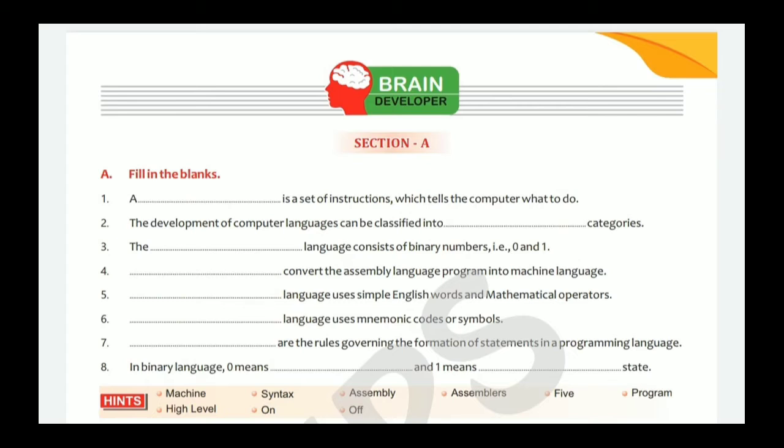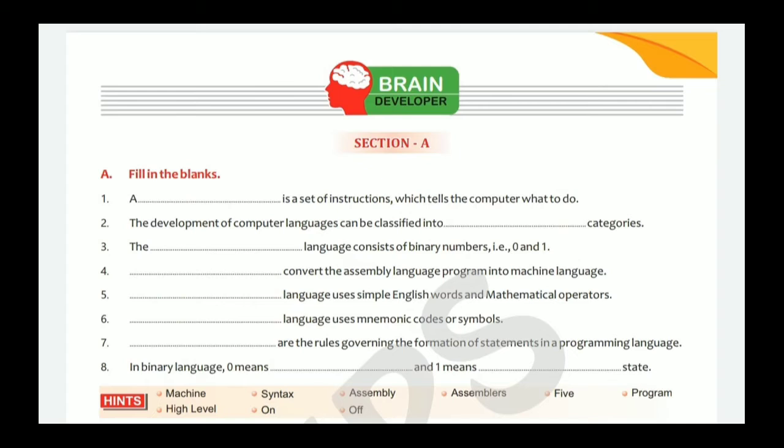So fourth is: the dash converts the assembly language program into machine language. We need an assembler to convert assembly language into machine language. So the assembler converts the assembly language program into machine language. Fifth one is: dash language uses simple English words and mathematical operations.